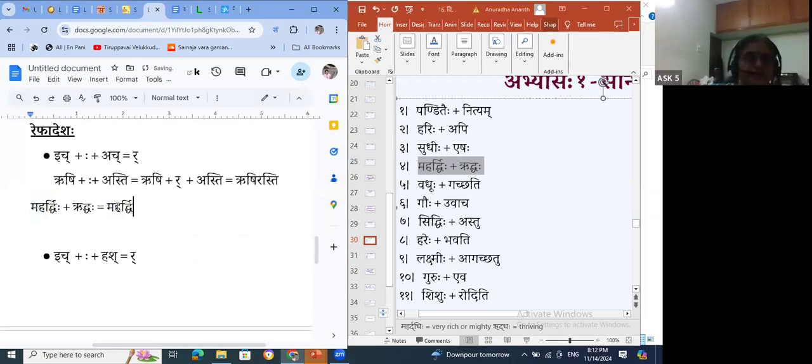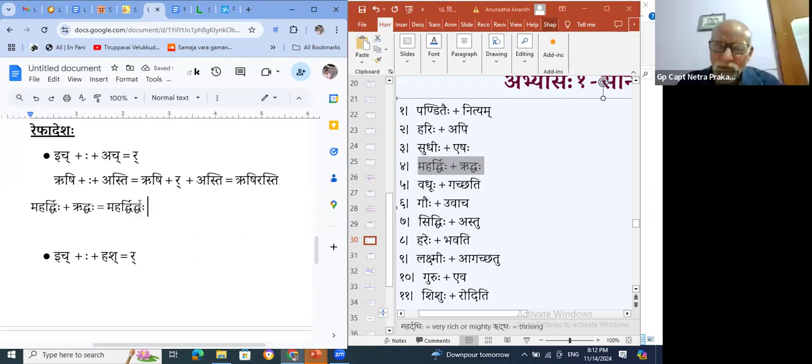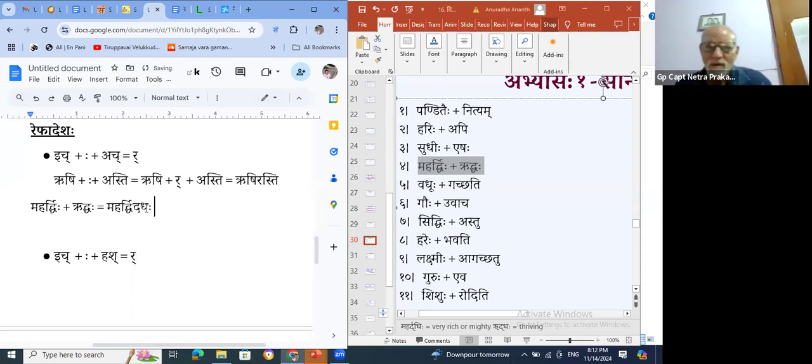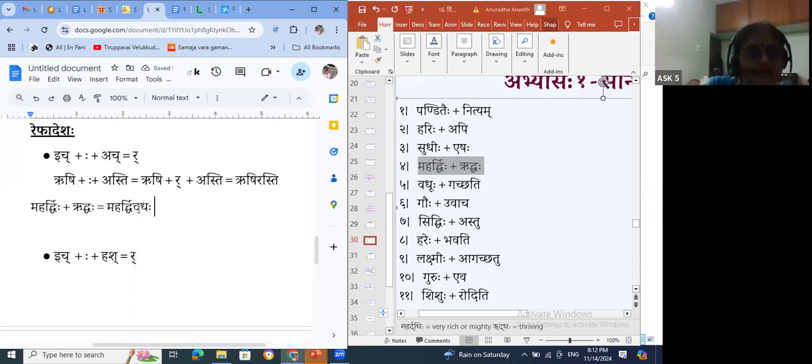So what happens? महर्द्धिर्. Like this. No, wait. On top one is there. Correct. Then again the same ऋद्धः. So this र will go on the ऋ, on top of this.